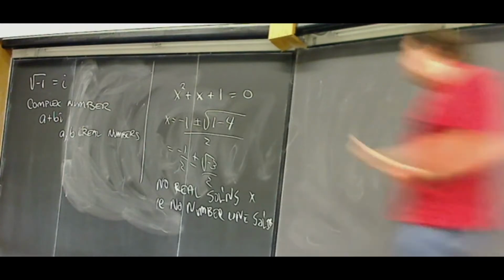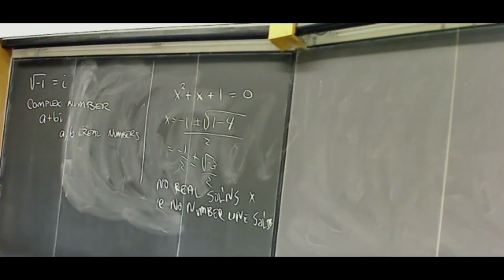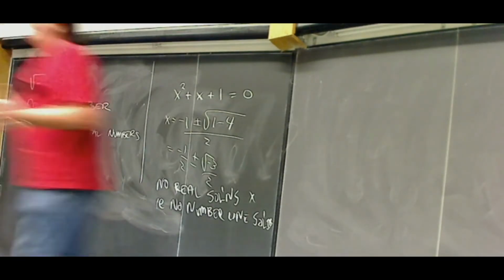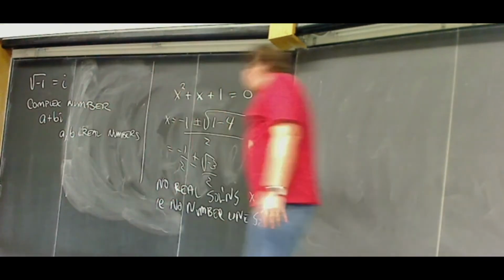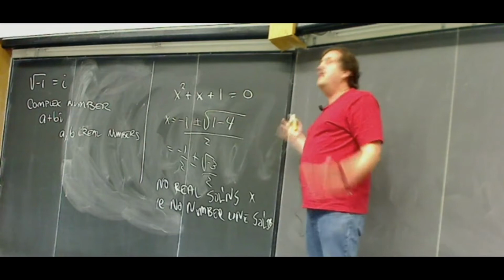But in many contexts, of course in mathematics, but that doesn't seem real to many of you, but also in physics, engineering, I don't know about in chemistry, probably because chemistry is just applied physics. In many applications, dealing with these complex solutions is important.